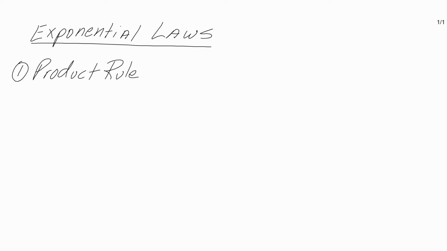The product rule says that if I have two terms and they have the same bases, and the same bases means if these are the same, and I am multiplying, what do I do to the exponents?